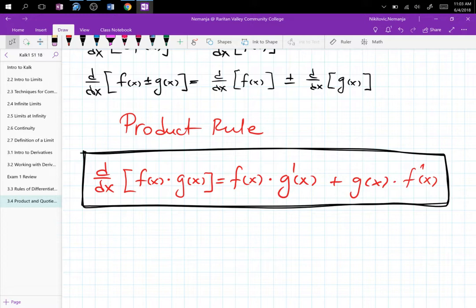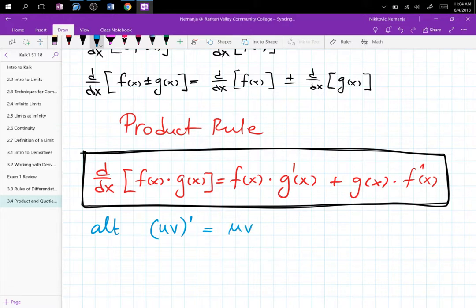So the first function would be f of x, and the second function would be g of x, and then you would solve this. Now there's also an alternative way to write this, and that is usually people say (uv)' equals uv' plus vu', where u is the function f of x and v is the function g of x.